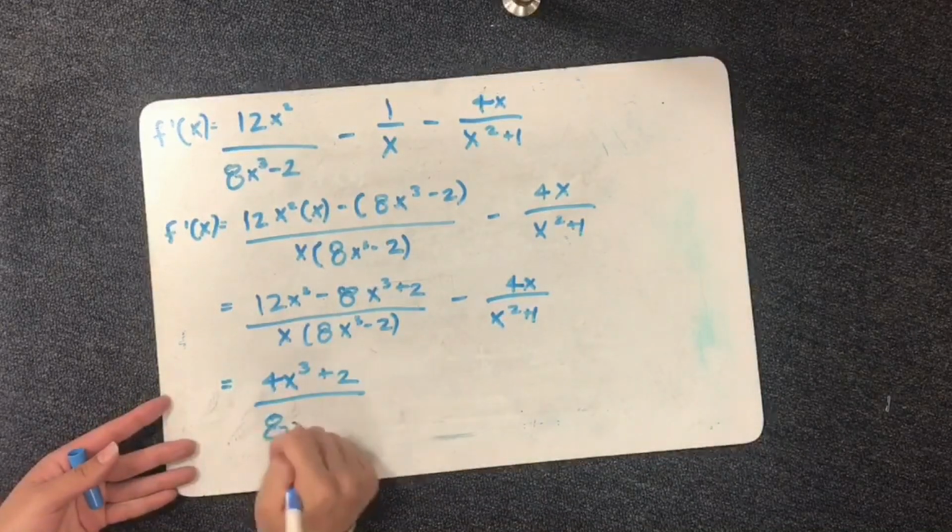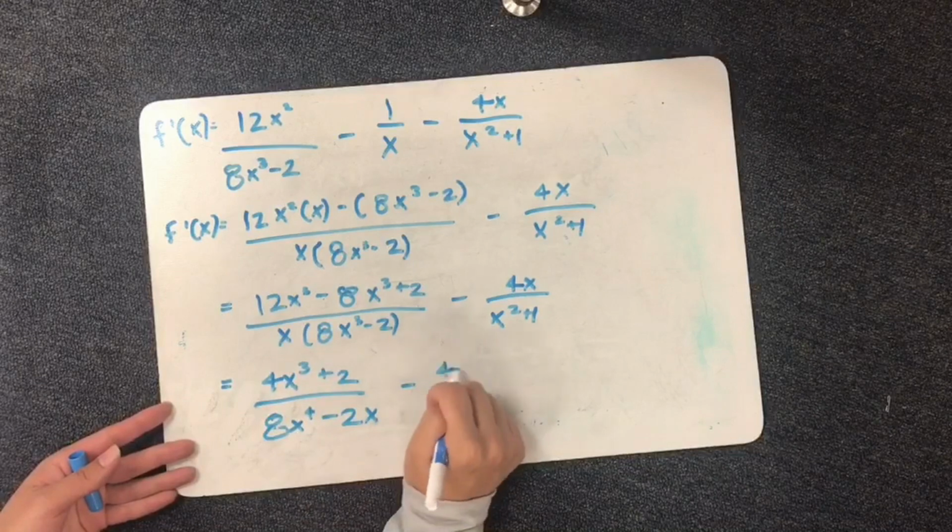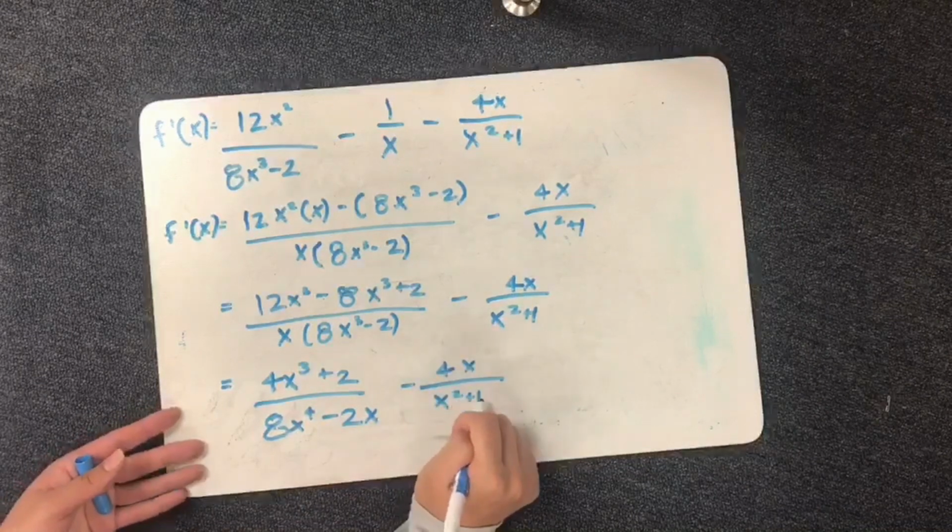Which equals 4x to the third plus 2 all over 8x to the fourth minus 2x.